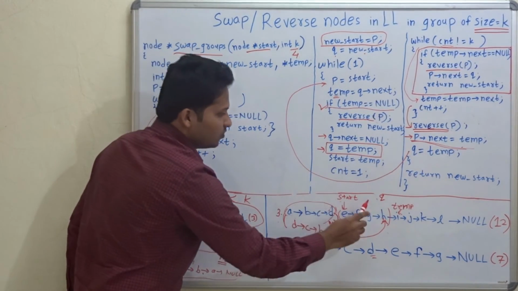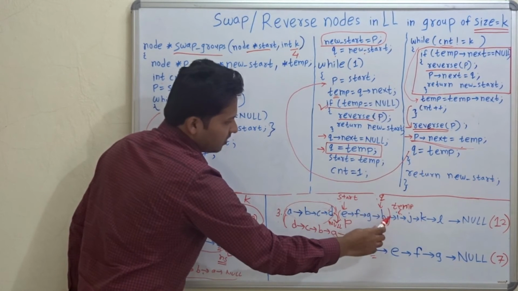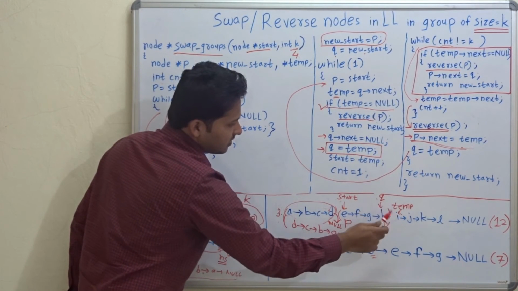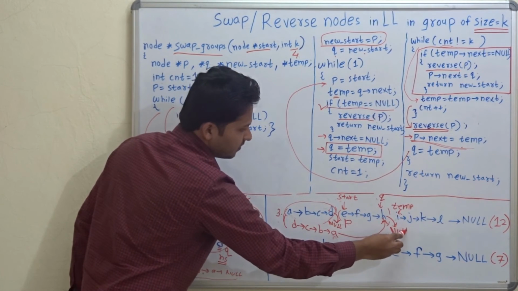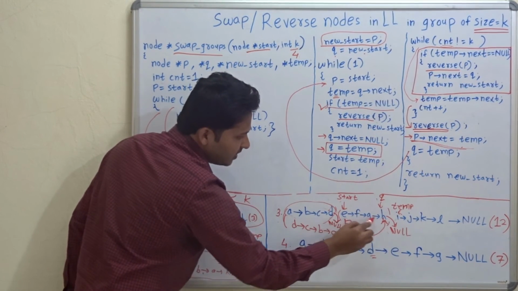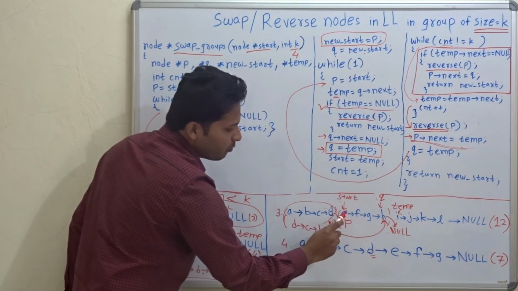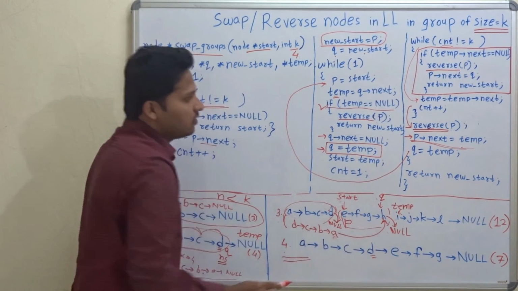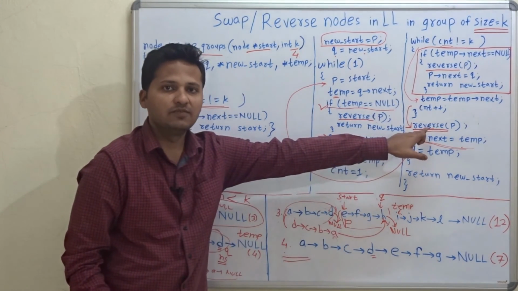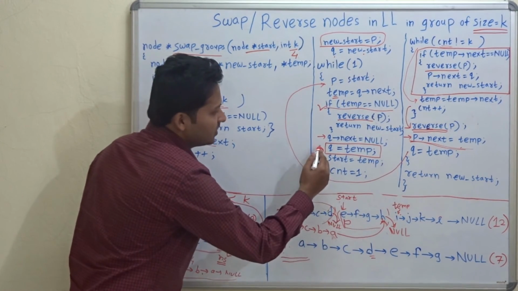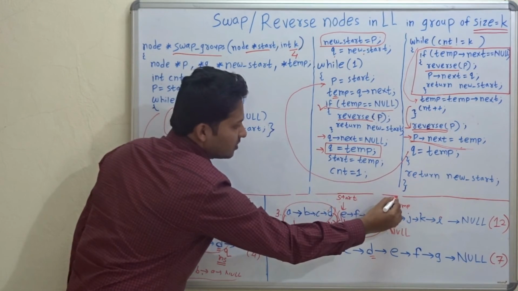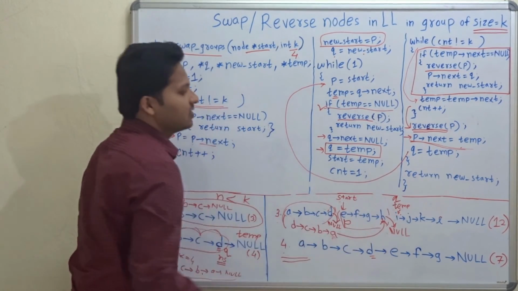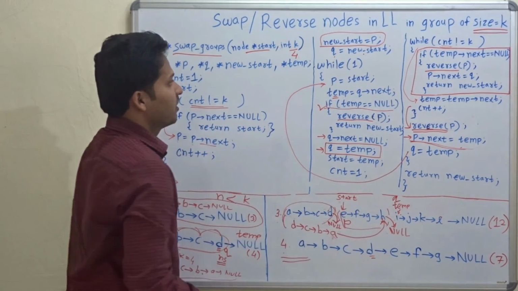So as you know, Q is pointing here already. Q points next equal to null because we want this to be an independent linked list for passing this group to the reverse function. And now the next line Q is equal to temp.